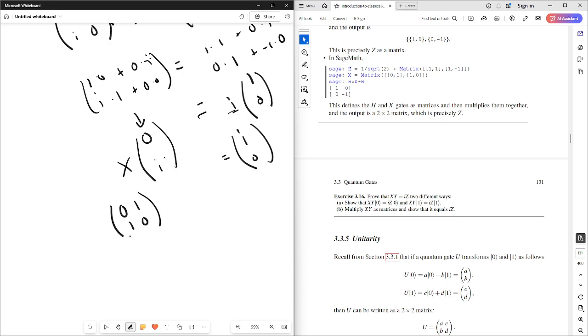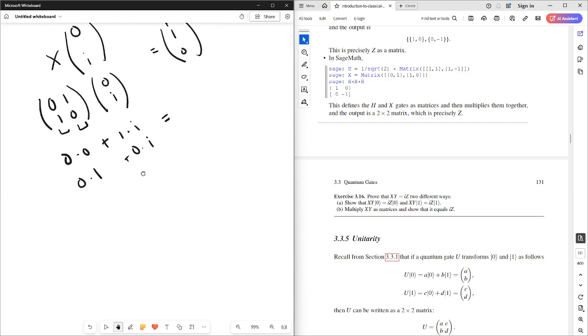Our state 0 and state 1 column vectors just inverted, with 1 in the place of 0 and 0 in the place of 1, times our 0, I. Following this through, we have 0 times 0 plus 1 times I, 0 times 1 plus 0 times I. And we discover that these are indeed equivalent.